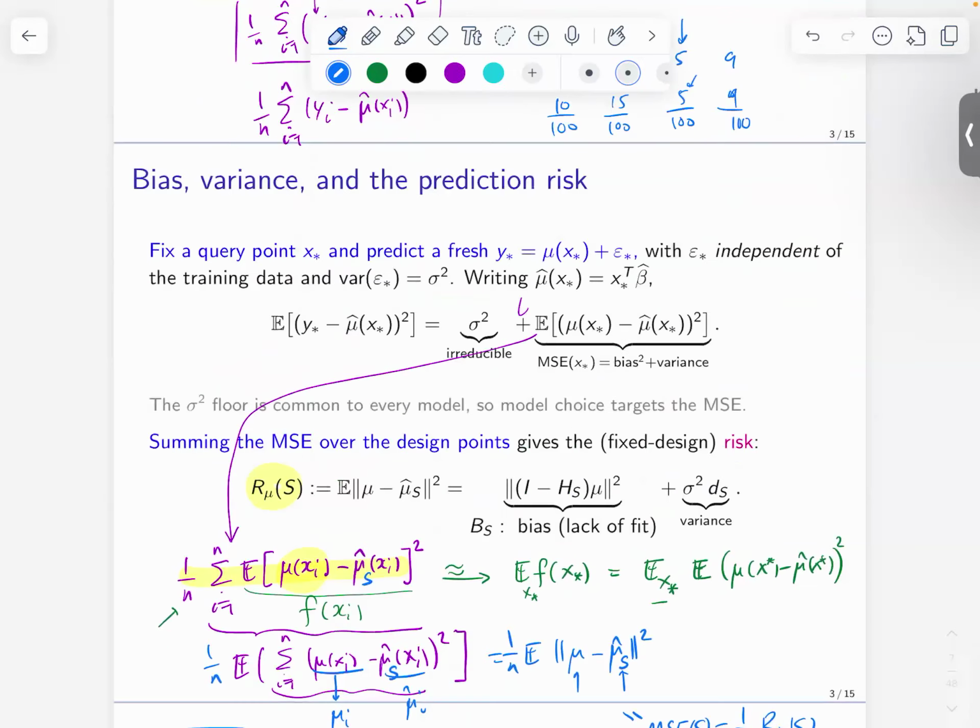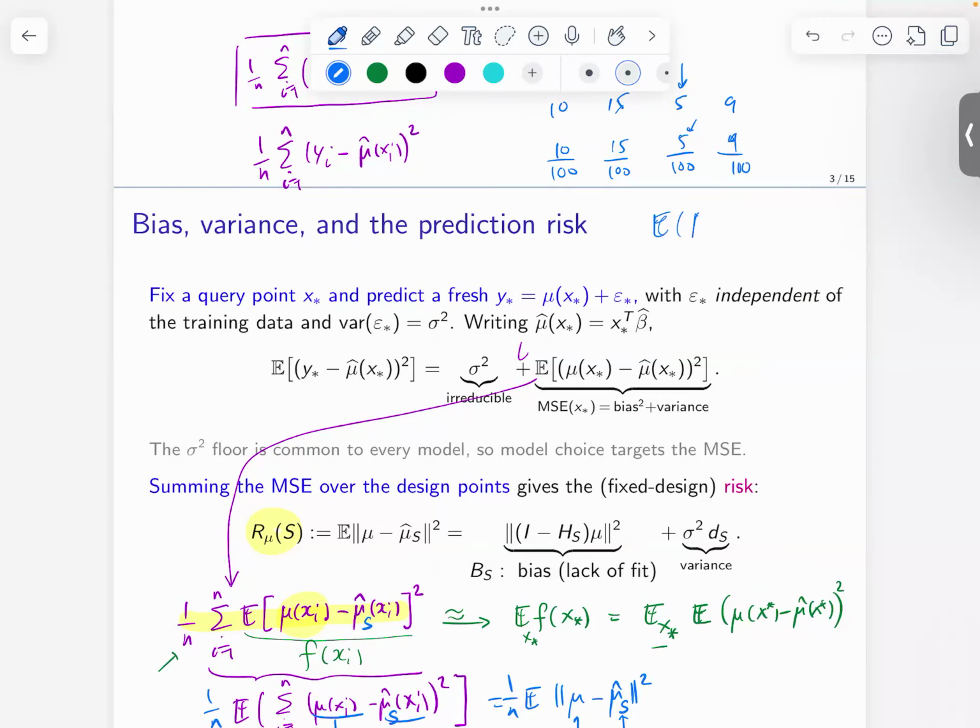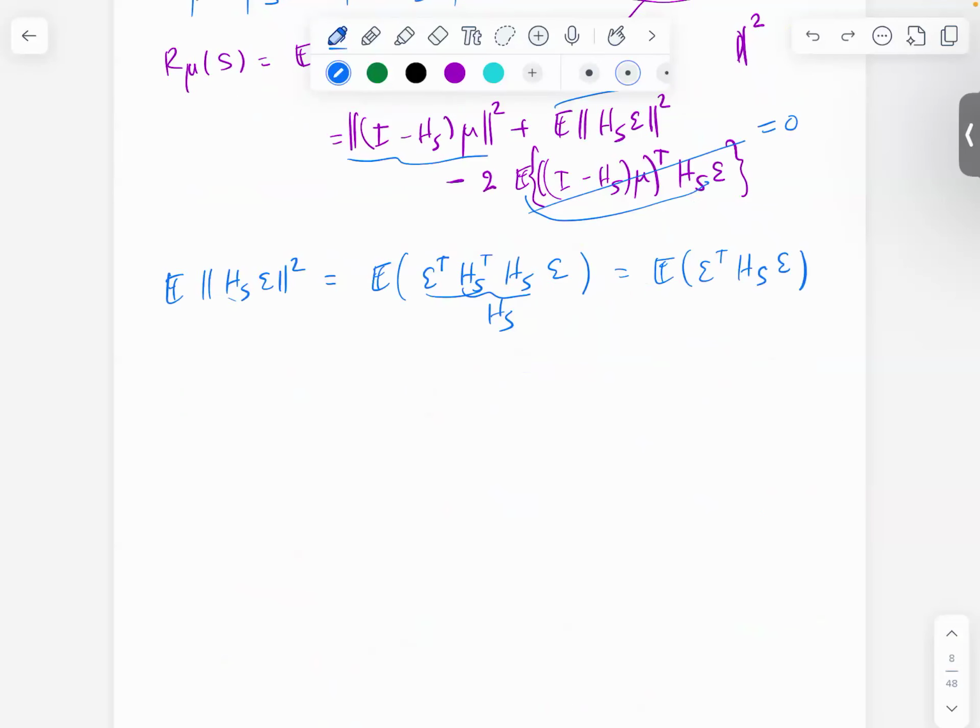There's an easy fix in this case. Let's see how you think we can deal with this.